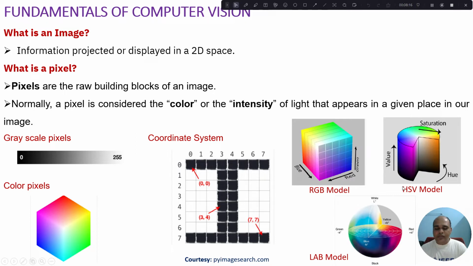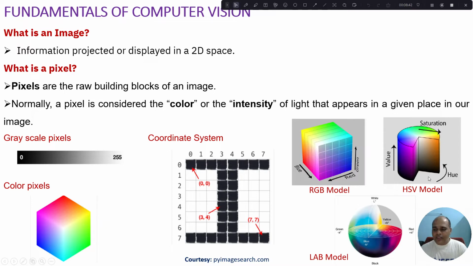In the HSV model, we again have 3 dimensions: hue, saturation and value. But now the model is represented as a cylinder, where hue takes the circumference, saturation takes the radial dimension, and value takes the height dimension of your cylinder.